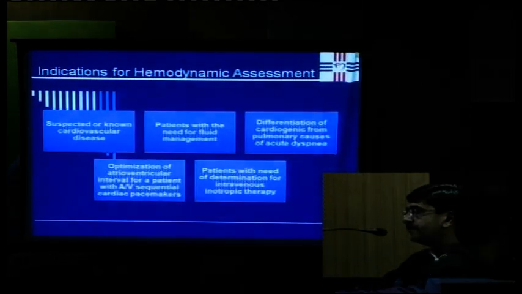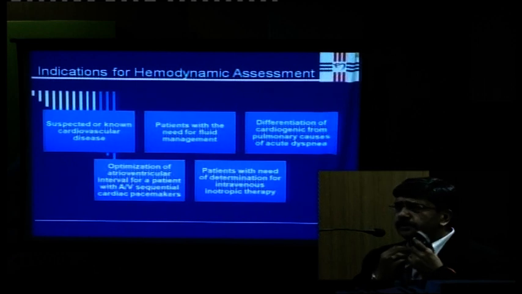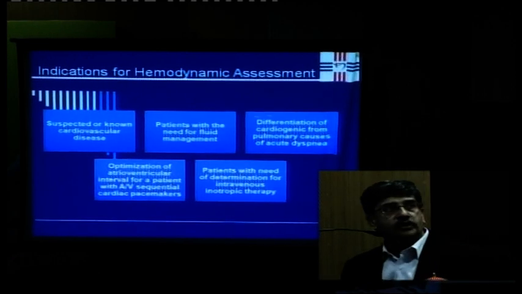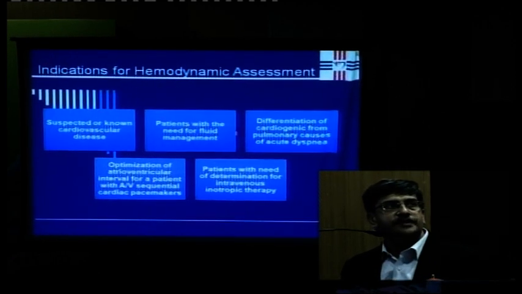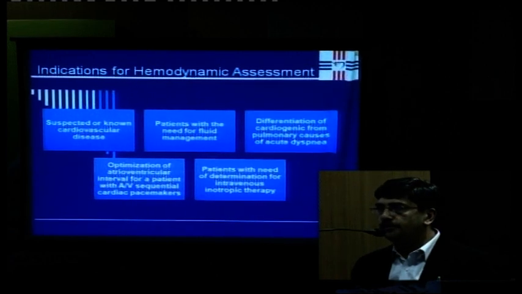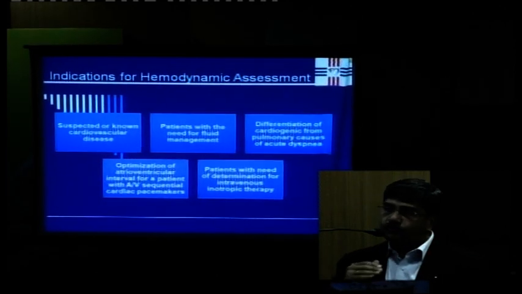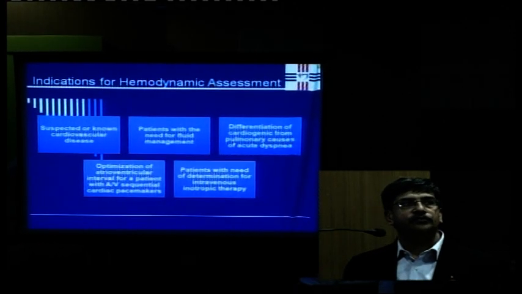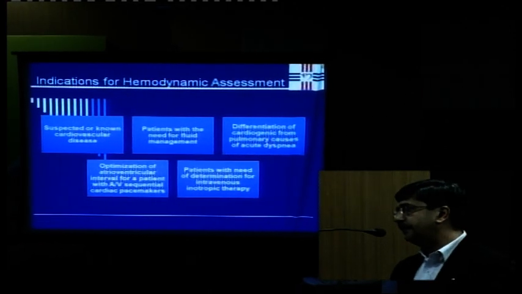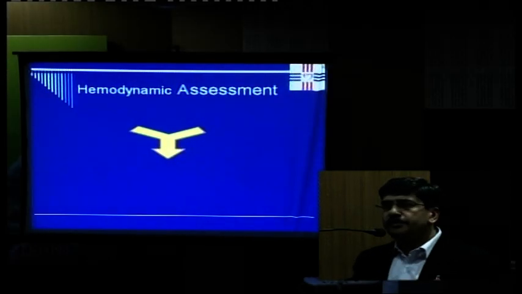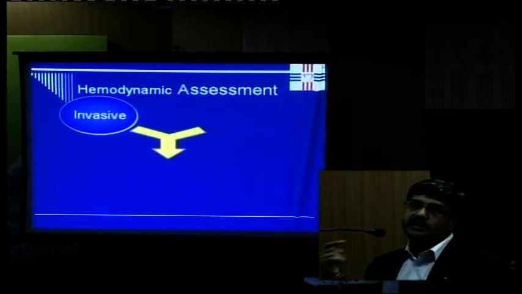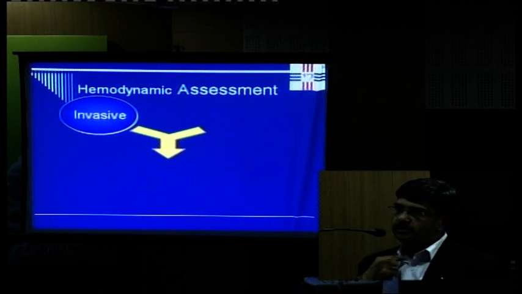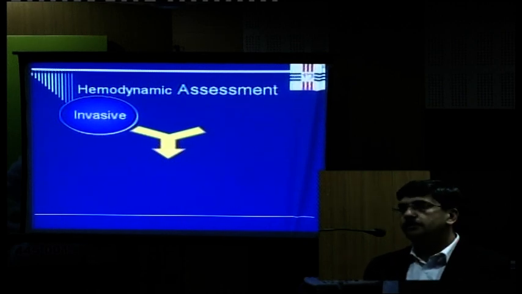Now, for the hemodynamic assessment, what is very important for us is patients who need fluid management. As Dr. Bharogar has given you good guidelines, I would further add to it, patients who need determination of intravenous fluid therapy or vasopressor therapy. Hemodynamic assessment can be invasive, that means putting in a catheter from the jugular vein into RA, RV, pulmonary artery.